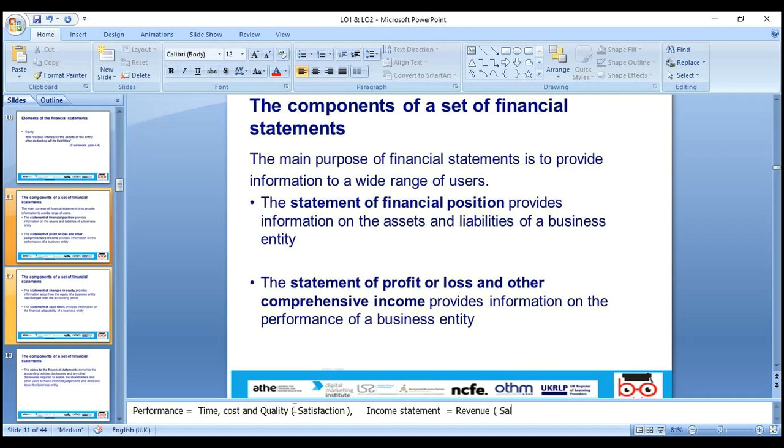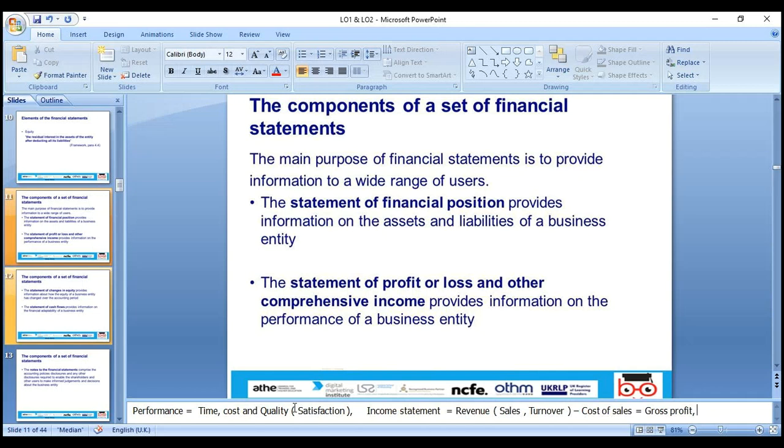Revenue is also known as sales and also known as turnover. If you minus your cost of sales, that gives us gross profit. Gross profit means how much you bought it for, how much it cost you, how much you sold it for, and the difference is gross profit.